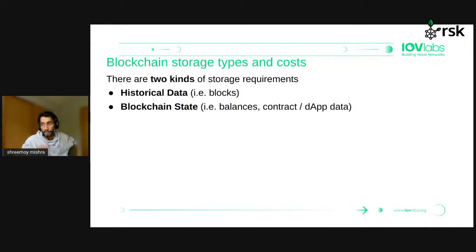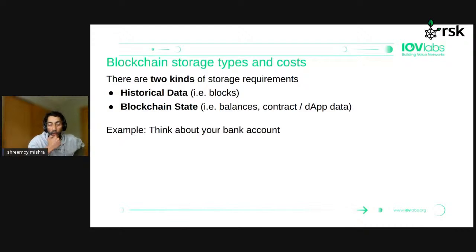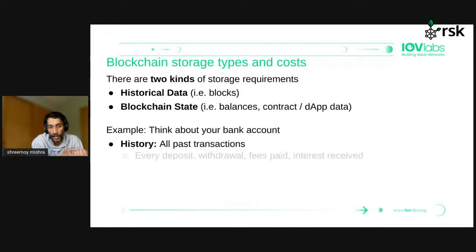One simple way to think about it is our own regular bank accounts. The entire history of our account, every deposit, every withdrawal, every interest you've earned, or every fee you've paid, that's just history. You don't need all that history to run a payment app. For running a payment application, you just need the current state, which for us is just how much the balance is.